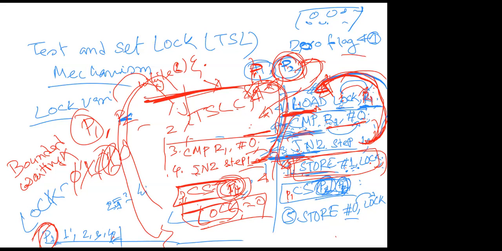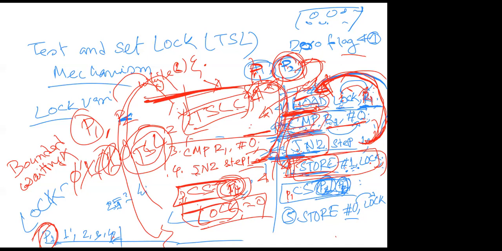One of the major disadvantages is that hardware support is necessary. Hardware support means that TSL is a special command. You know the load, CMP, and jump if not 0, store instructions. Those are available on every computer or hardware; every CPU supports this kind of instruction.